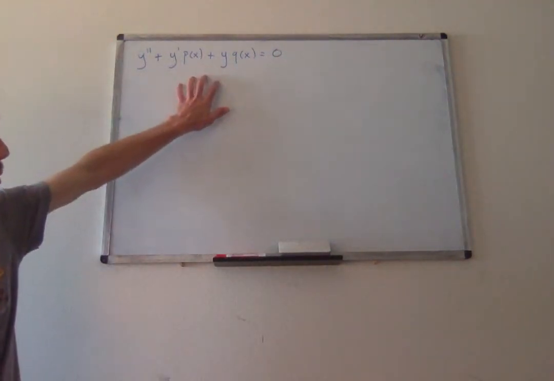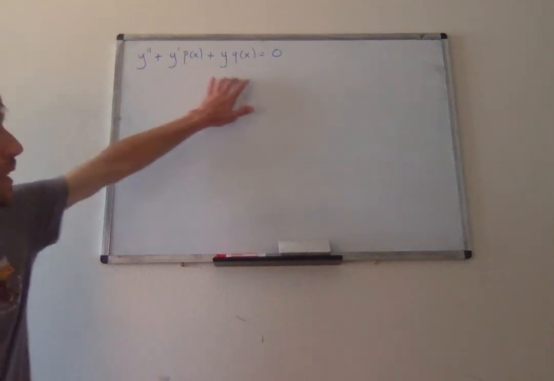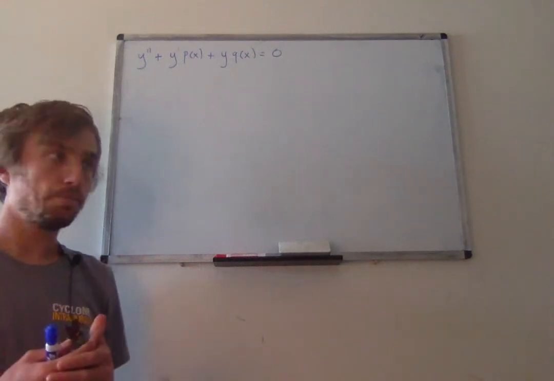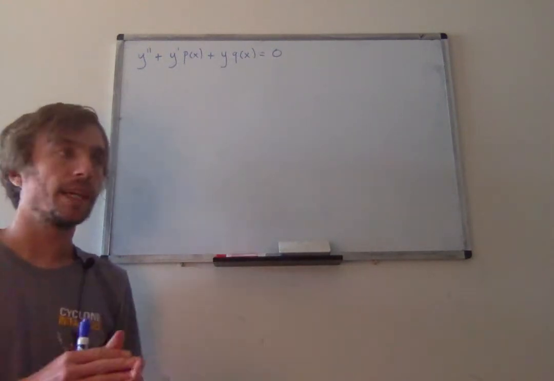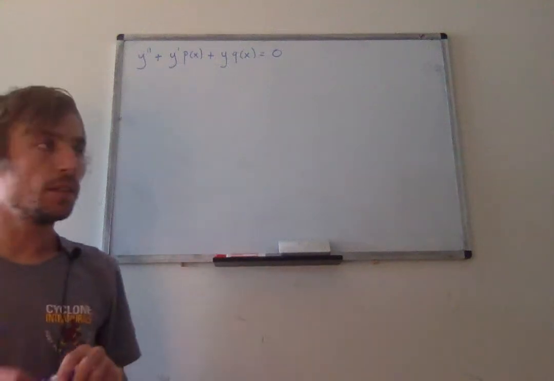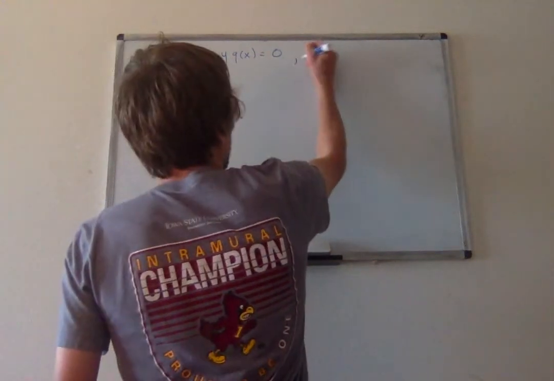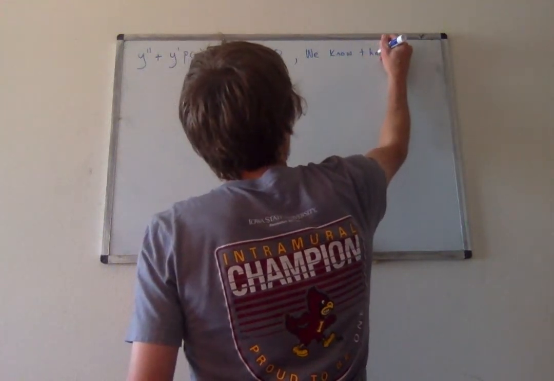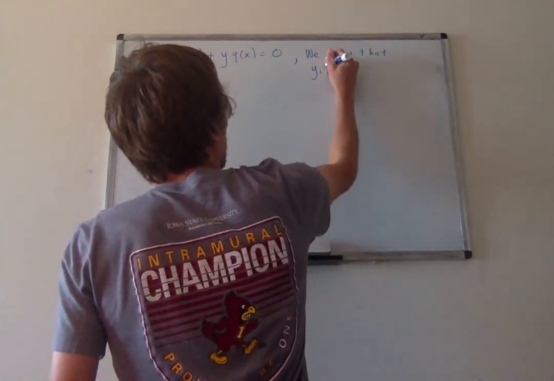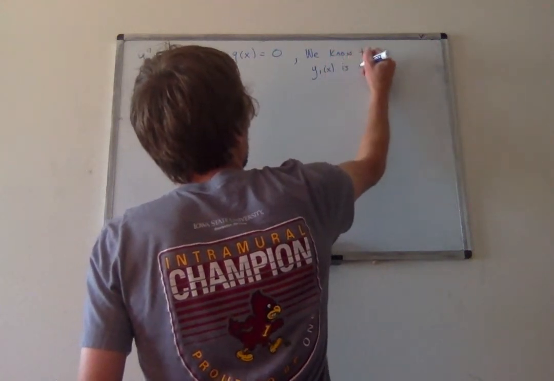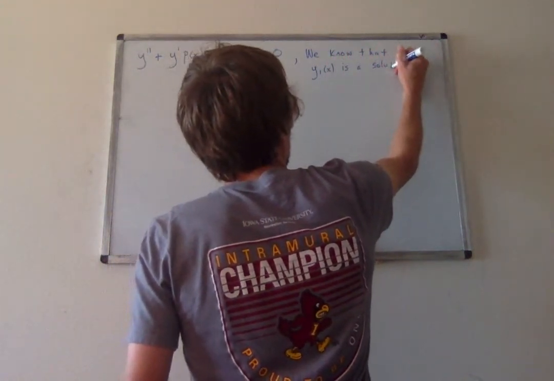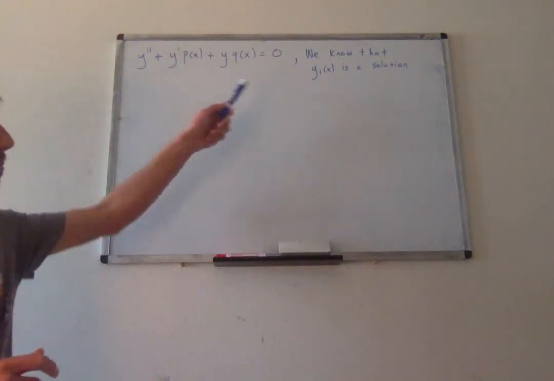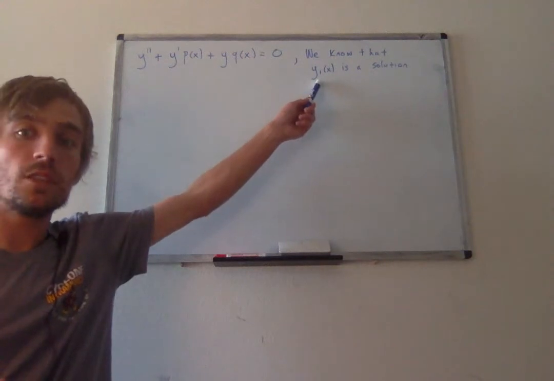But let's suppose we've got this equation, right? And so here, p of x and q of x specifically, they could be functions of x that are non-constant. So constant, we know how to do that. But let's say these are non-constant. But let's say we already have one solution to this equation.